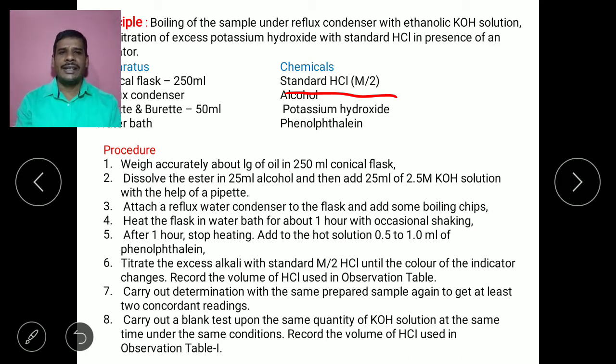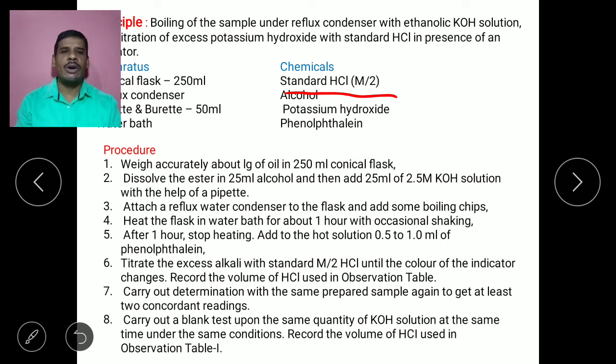Now secondly, this oil or fat, that is also the ester, should be dissolved in 250 ml of alcohol, the ethanol, and then add 25 ml of the KOH solution.